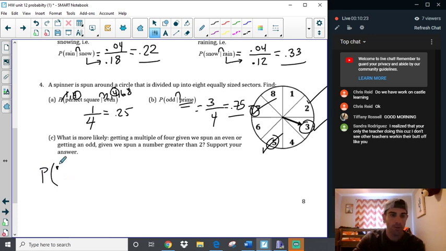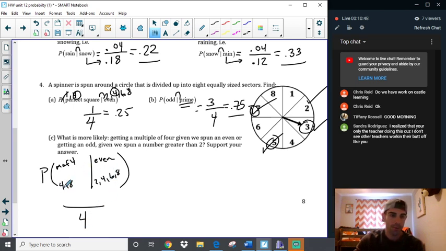Multiple of 4. So who are our multiples of 4? 4 and 8, right? Given we spun an even. Our evens we said were 2, 4, 6, and 8, right? So 1, 2, 3, 4. That's going to be our denominator.